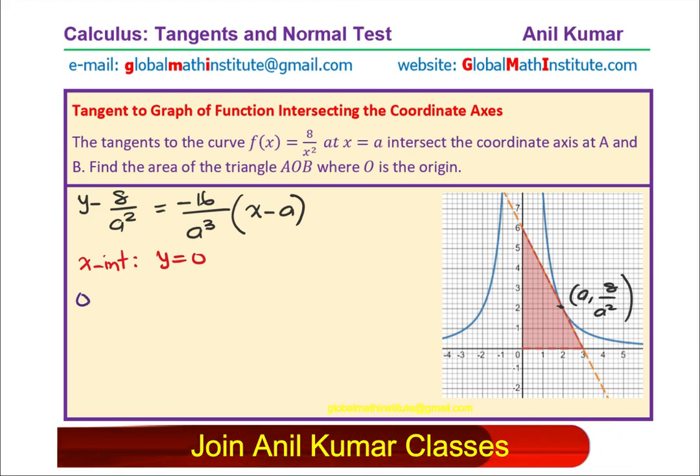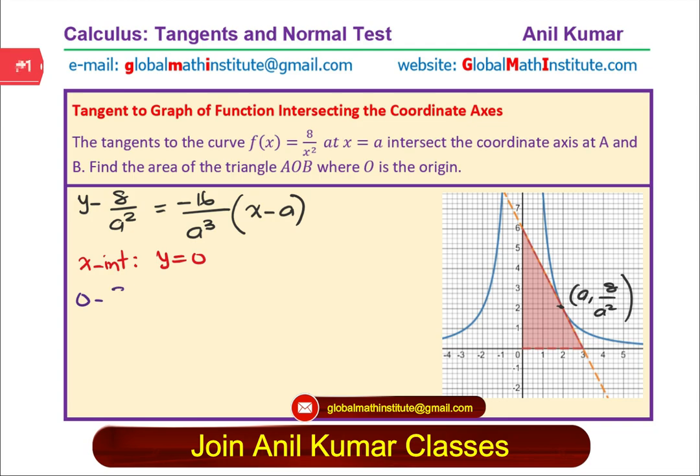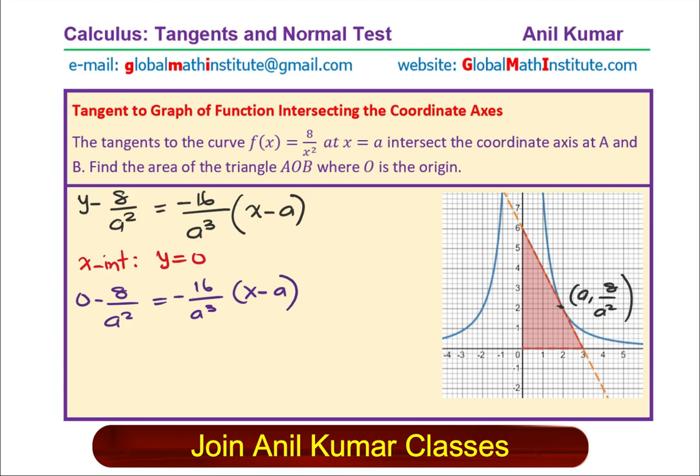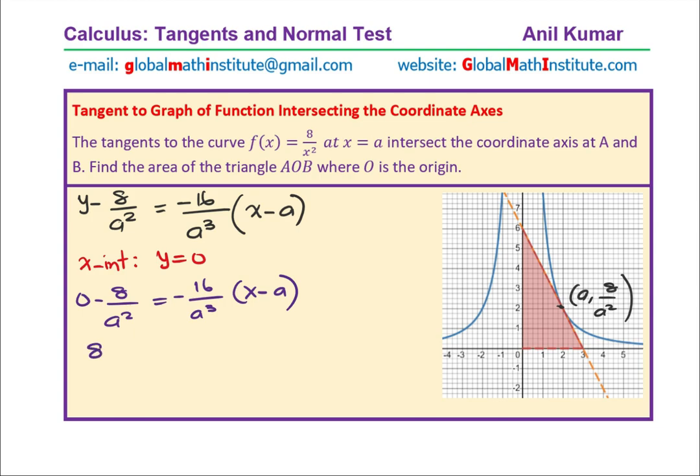So we get 0 minus 8 over a squared equals minus 16 over a cubed times x minus a. So for x minus a we just cross multiply, the minus signs change, right? So we have 8 over a squared times a cubed over 16 equals x minus a, correct?